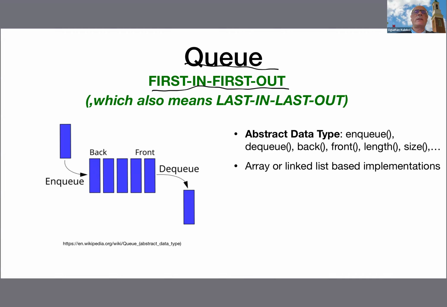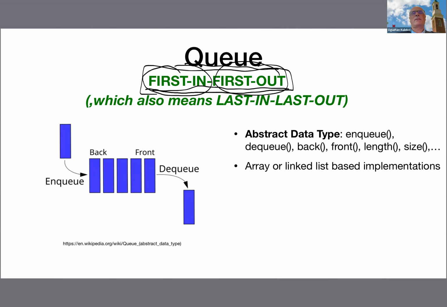So that is called first in, first out. Another classical example is you are waiting at the bus stop to ride a bus. Whoever arrives at the bus station first should ride the bus first, right?